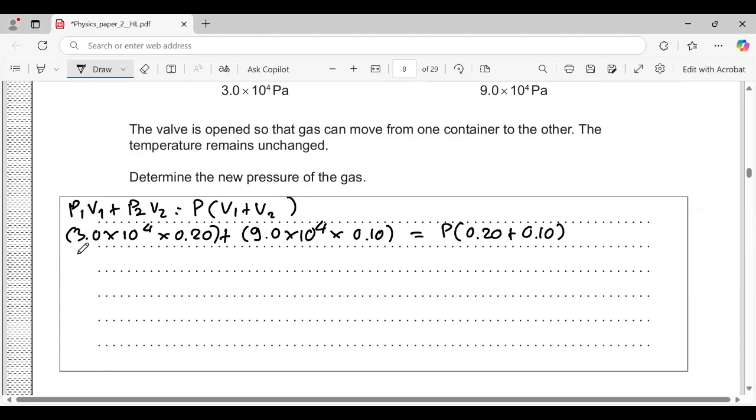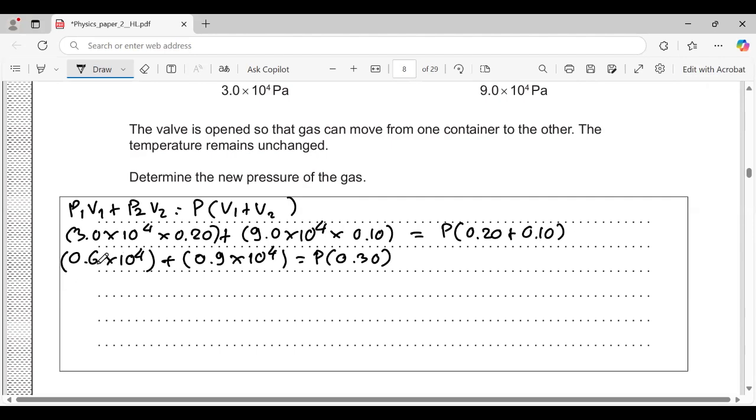If we calculate, this is 0.6 times 10 to the power 4 plus 0.9 times 10 to the power 4 equals P times 0.30.